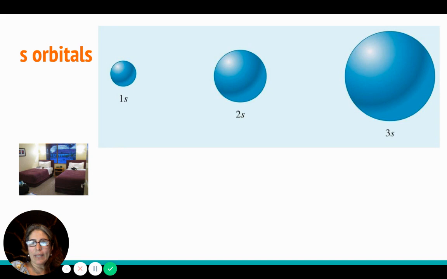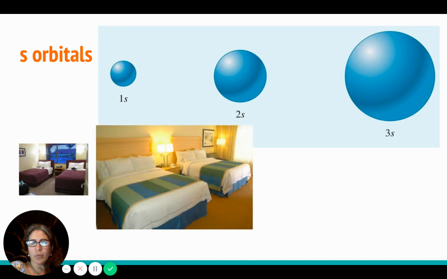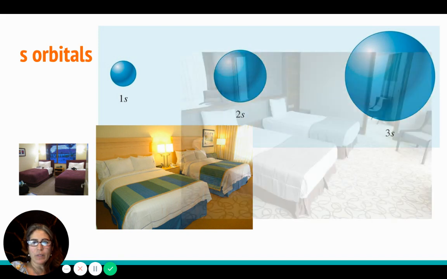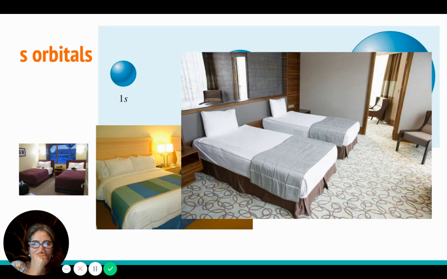A 1s would be a tiny bedroom. A 2s would be a bigger bedroom, but it can still only hold 2 people. And the 3s would be a much, much bigger bedroom. It can have an office or more area to move around, but still only 2 electrons, or 2 persons, are going to be in these s rooms, or s orbitals.